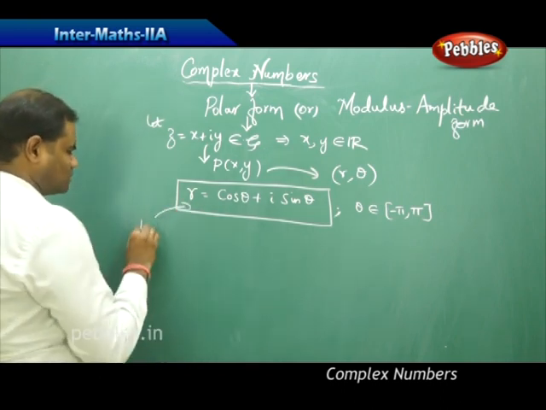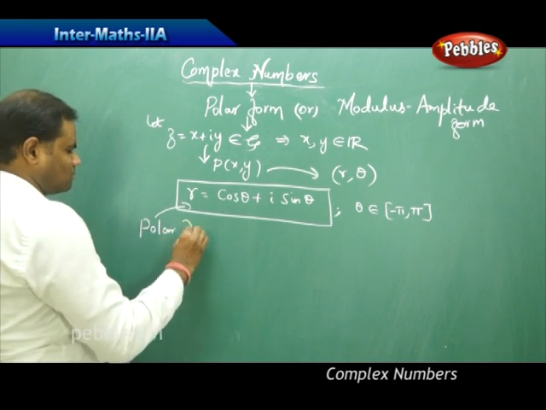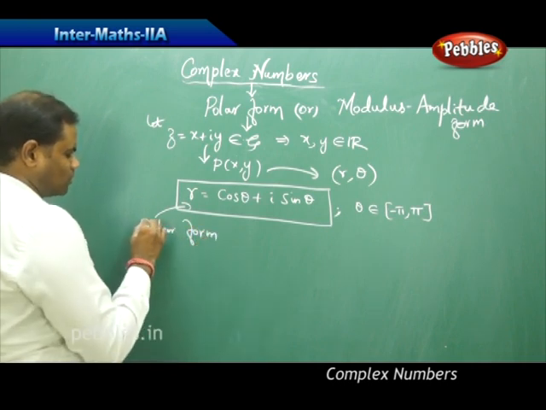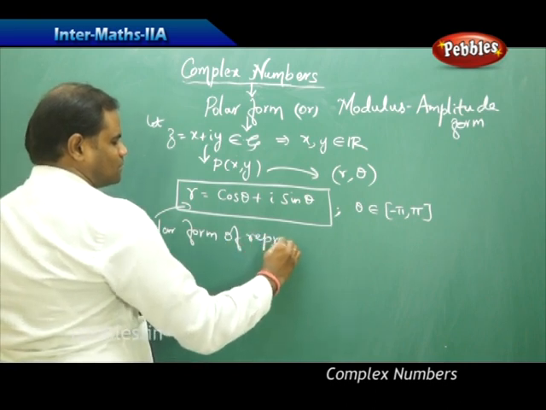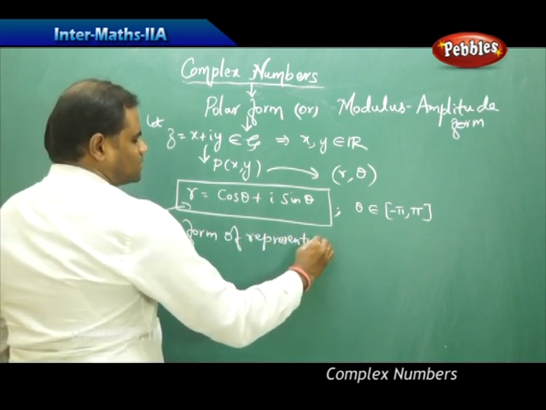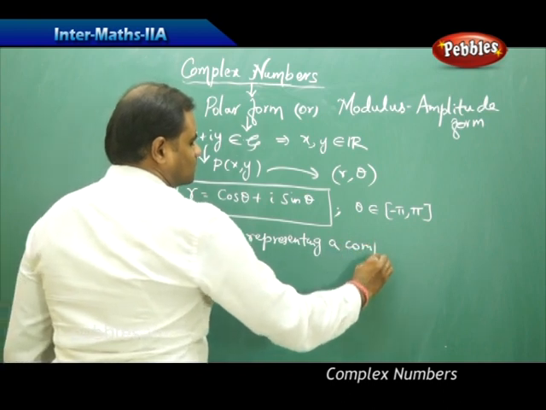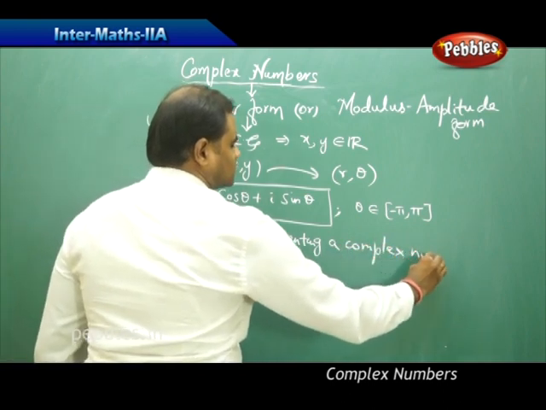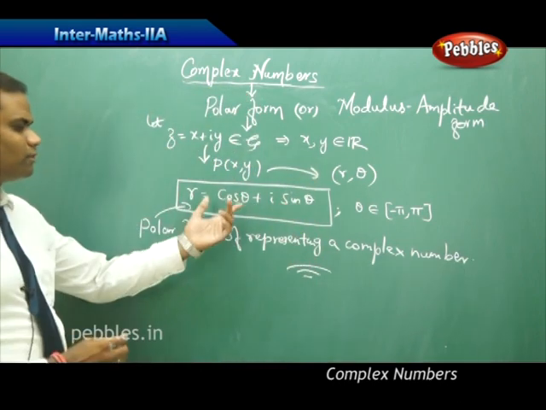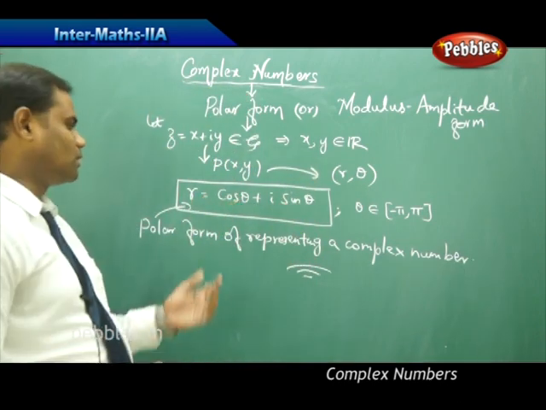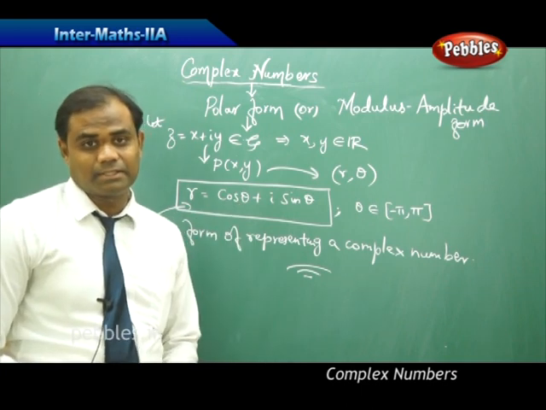Now this is called the polar form or modulus form of representing a complex number. So this is one of the ways of representing a complex number, called the polar form, r cos theta plus i r sin theta.